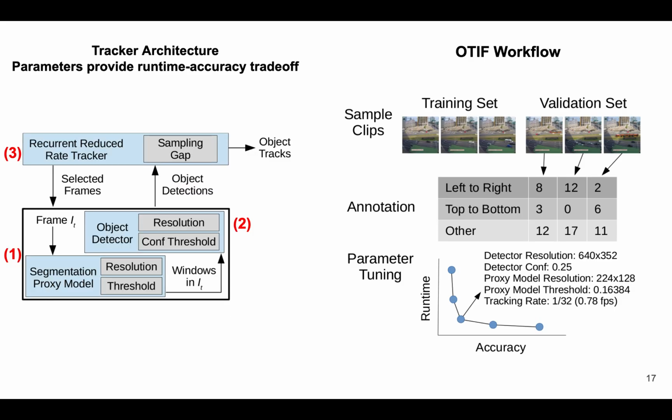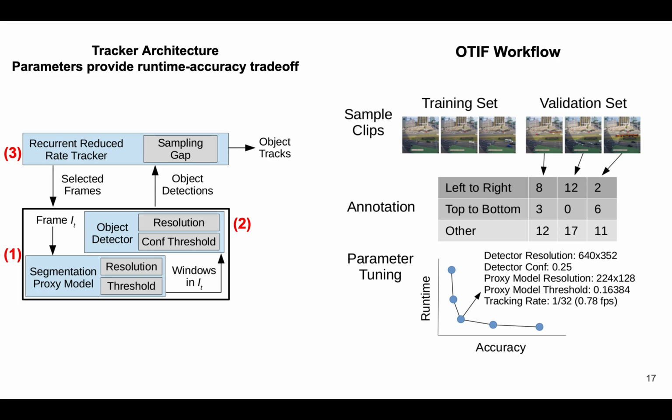component as well. So the OTIF tracker architecture consists of a bunch of these components, 3 components in particular, that each expose parameters that can be tuned to optimize tracking performance for a particular video dataset. So we have 2 components, the segmentation proxy model and object detector, that deal with efficiently extracting object detections from individual video frames.